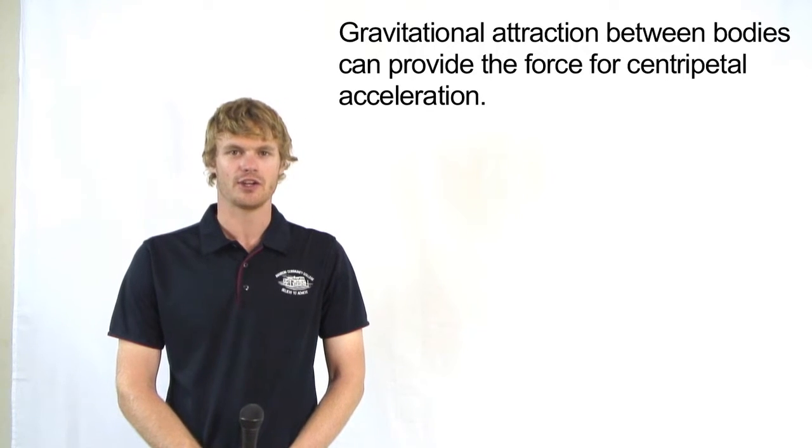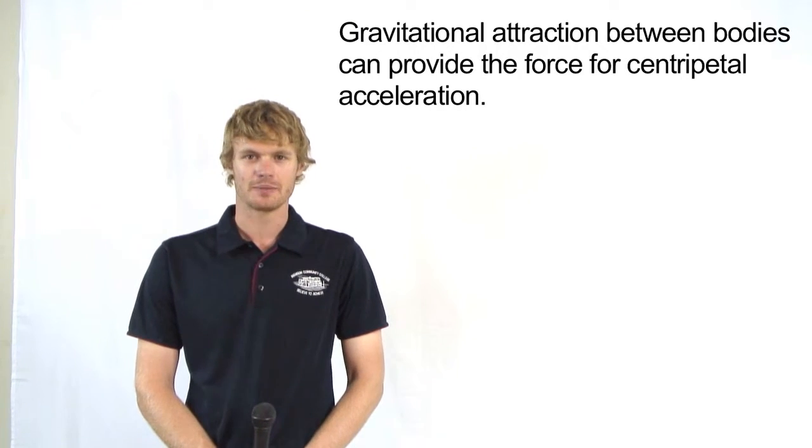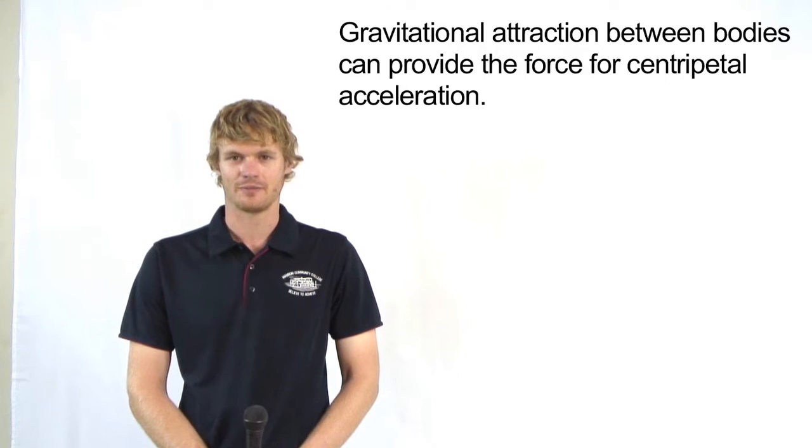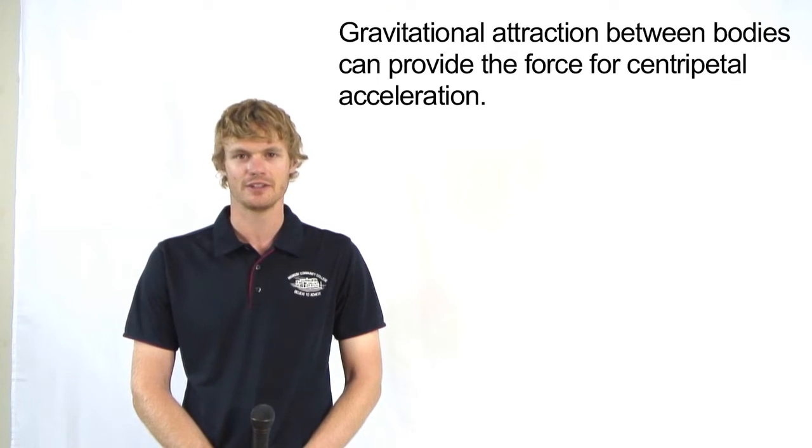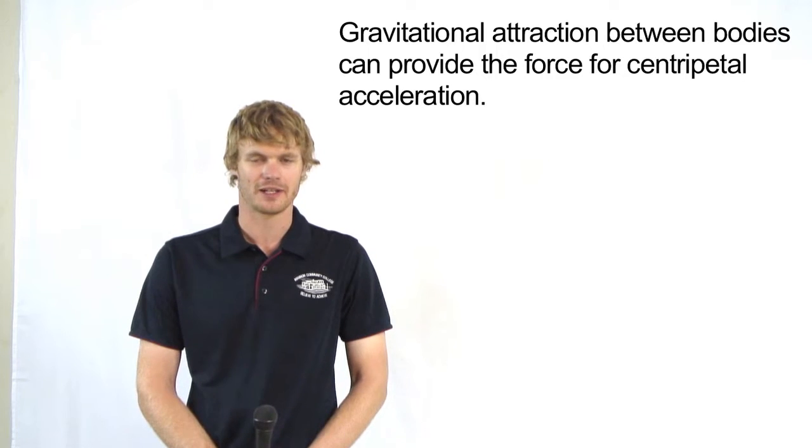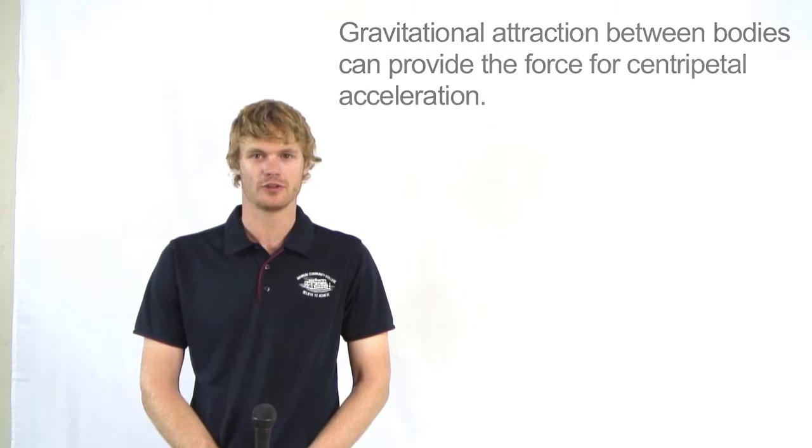Satellites moving around the earth are going in a circular path, the same as the earth around the sun and the moon around the earth. They're all travelling in circular paths, therefore they have a uniform circular motion. The force causing this uniform circular motion is gravity. We can also have electrostatic forces causing a uniform circular motion. Think about an electron moving around the nucleus of an atom.